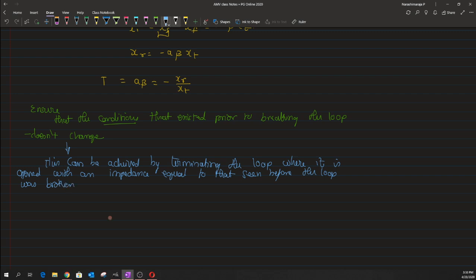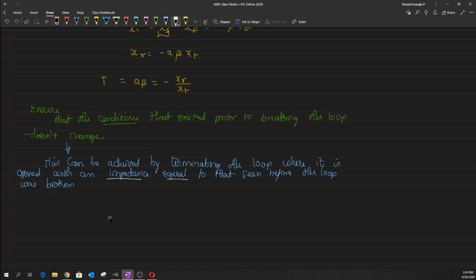So hope that you are clear with this statement. So right now we need to find an impedance. Okay. And that impedance has to be measured before the loop was broken, and we have to substitute that impedance where exactly the loop was opened.